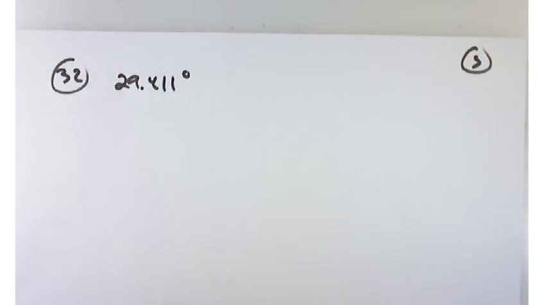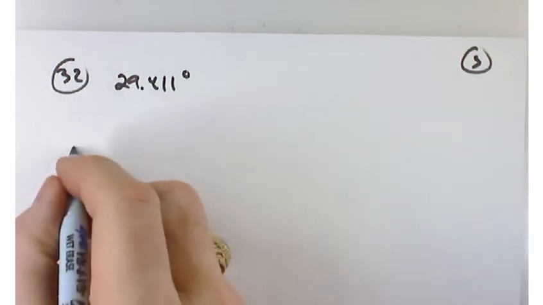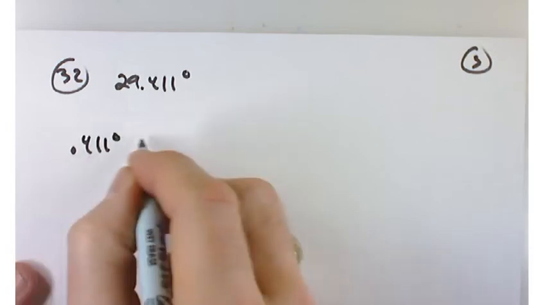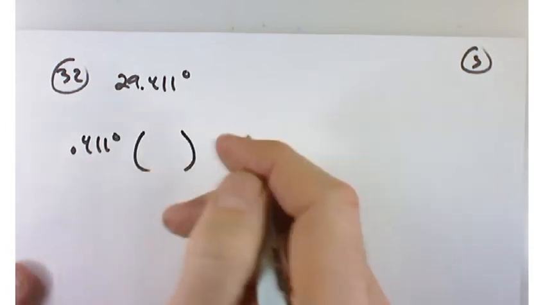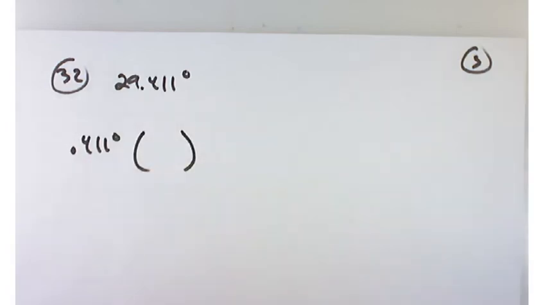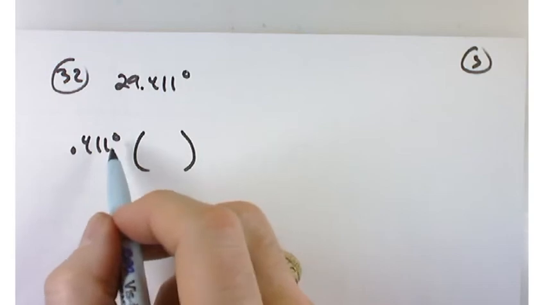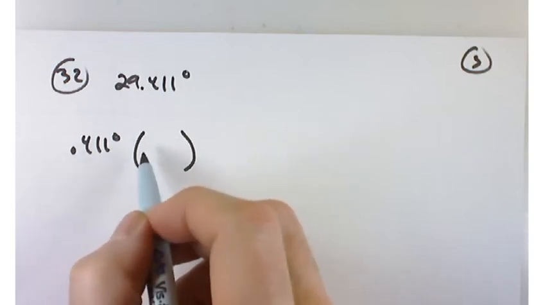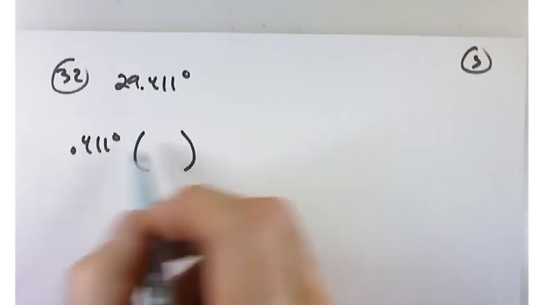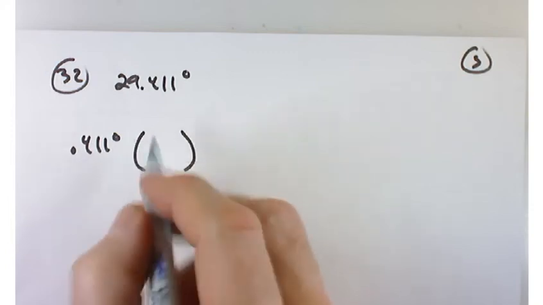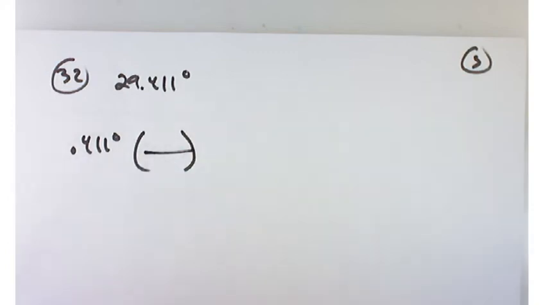So we'll do the reverse process. We'll start out with 0.411 degrees. We'll start by converting that first to the next bigger unit. So what unit am I going to convert to next? What's closer to degrees? Minutes.